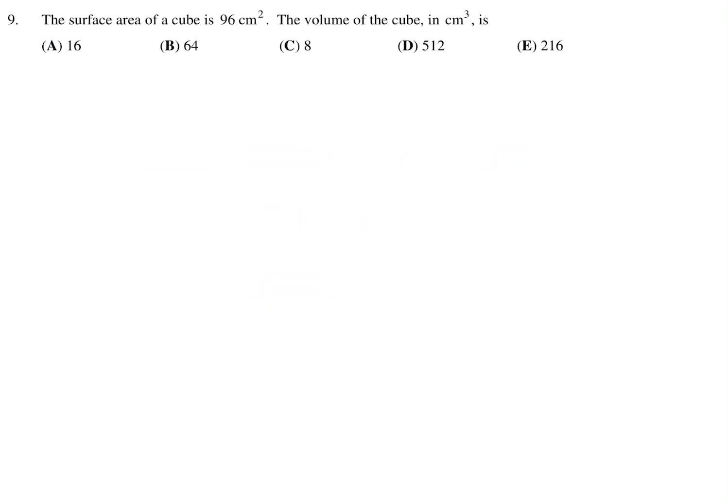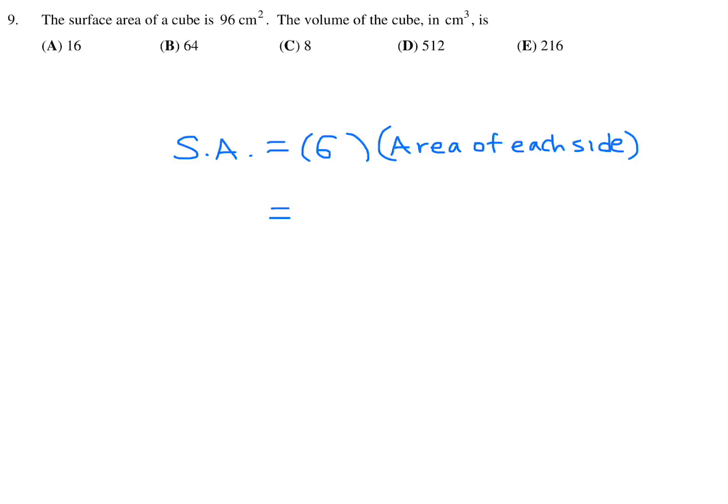Surface area of a cube is 96 centimeters squared. The volume of the cube is. So surface area SA is the area of the 6 sides of a cube. So 6 times the area of each side. And each side of a cube is a square. So 6 times the area of a square. And anytime you have a square and one side is, say, x, the area is going to be just x squared.